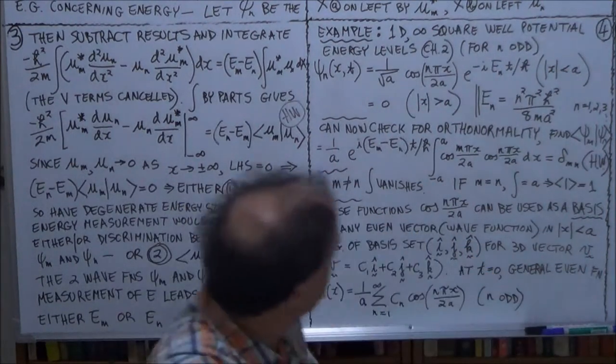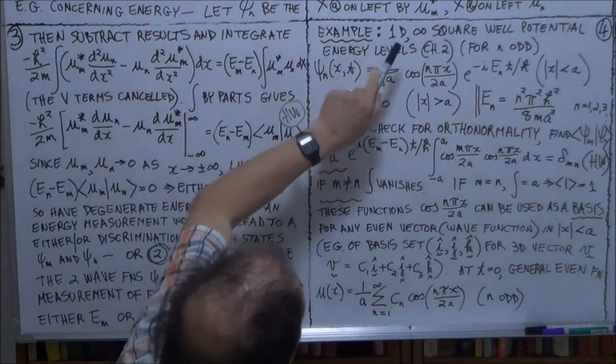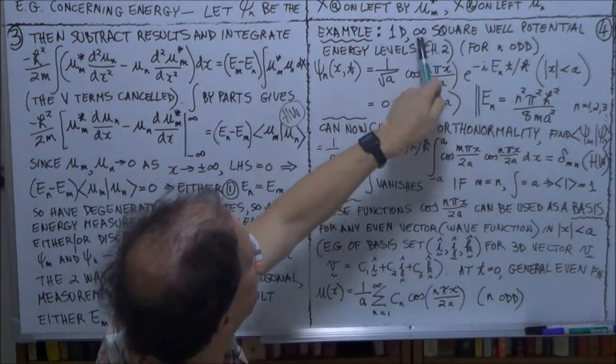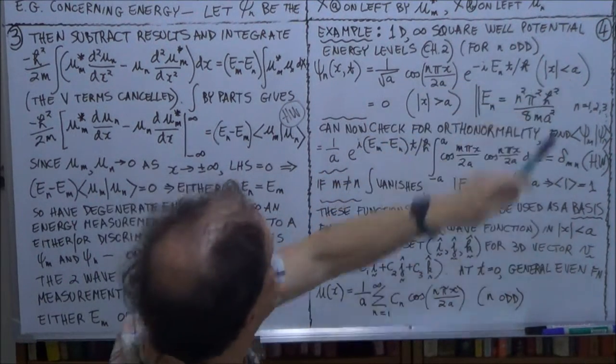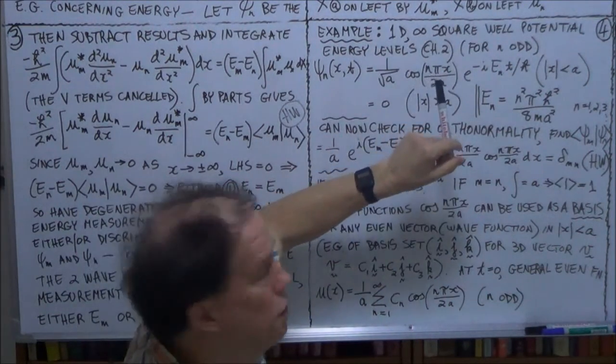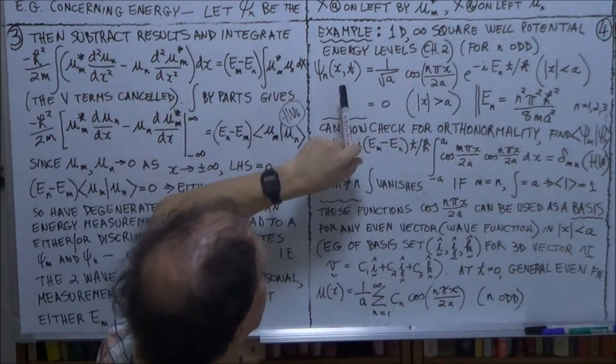So the concrete case is, again, we stay in one dimension, and we're talking about the infinite square well potential. If you go back to chapter 2, lecture 2, we found solutions to that problem for the Schrödinger equation.